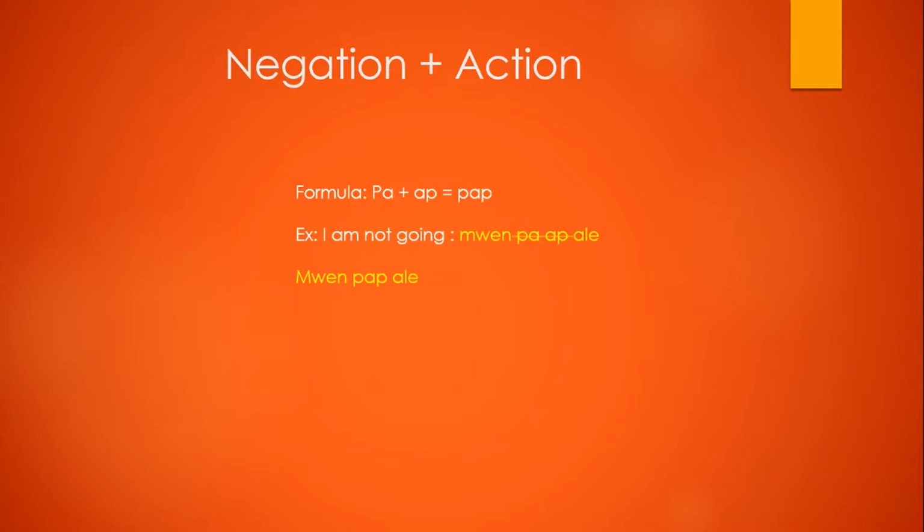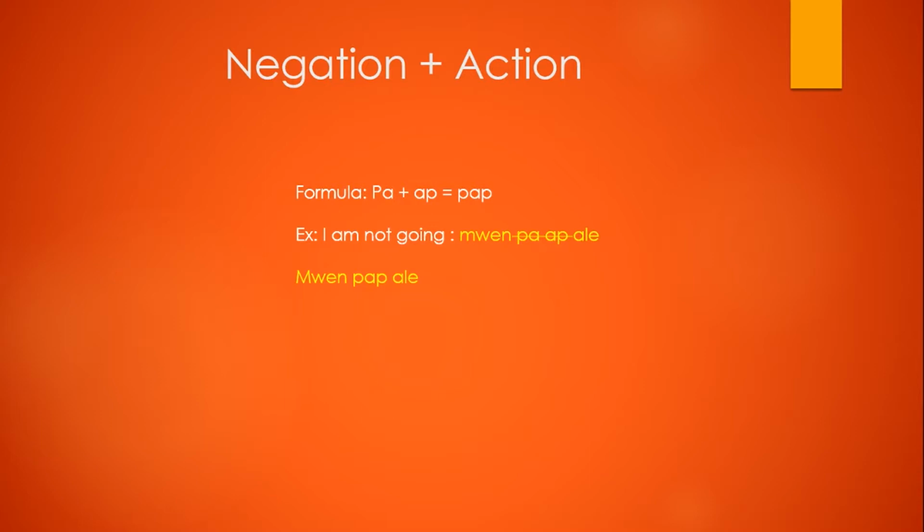Now there is a combination with negation plus action. It may seem a little confusing, but we're going to look at some examples to see how we might get this right. So the formula is where you see pa and ap together, then there's a double A there, right? So it would be pap. For example, I am not going.